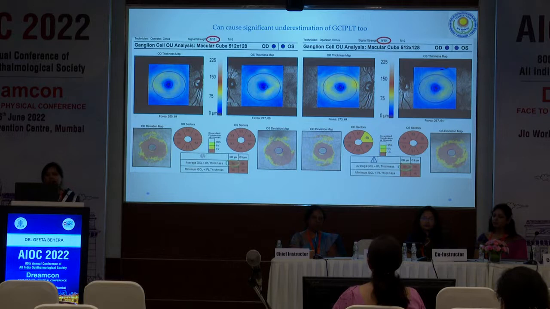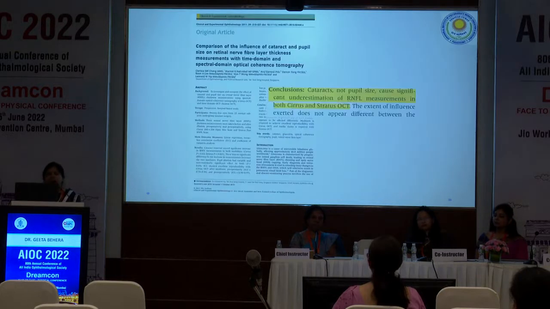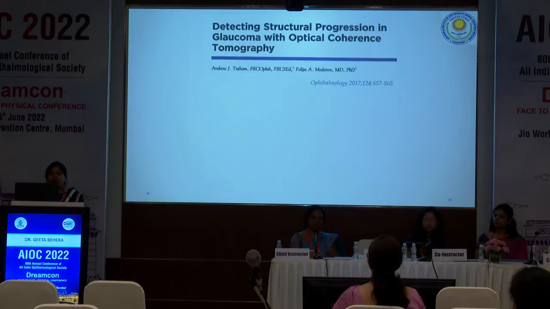Again, if you see, 7 out of 10 is the signal strength here, 9 out of 10 is the signal strength here, but the average thickness difference is 56 micron and 64 micron. And if you look at the deviation map, you can see the huge difference between both the eyes. Again, cataract causes significant underestimation of RNFL, both in Cirrus and Stratus OCTs.